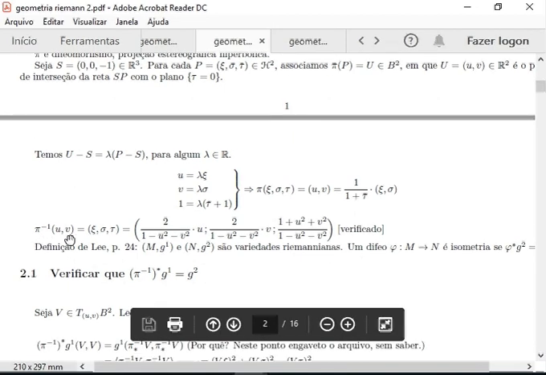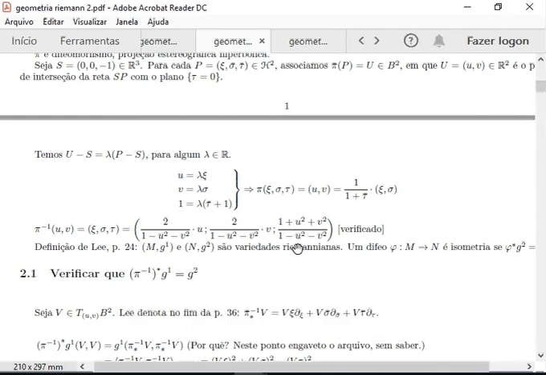P inverted of U V is equal to Xi sigma tau, which equals: first coordinate, 2U over 1 minus U squared minus V squared; second coordinate, 2V over 1 minus U squared minus V squared; third coordinate, 1 plus U squared plus V squared over 1 minus U squared minus V squared.